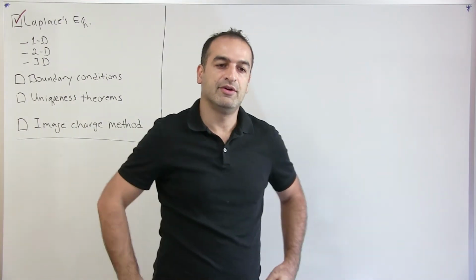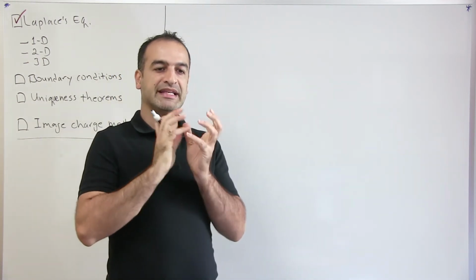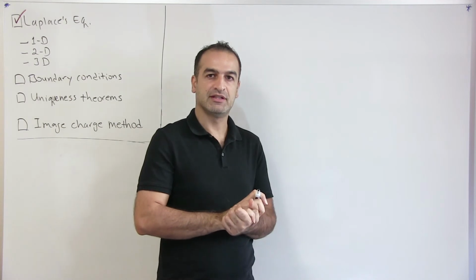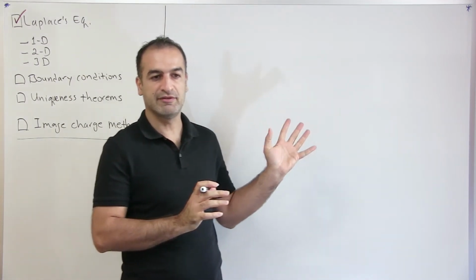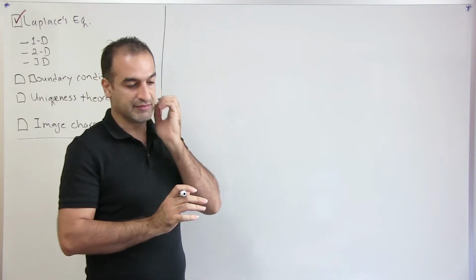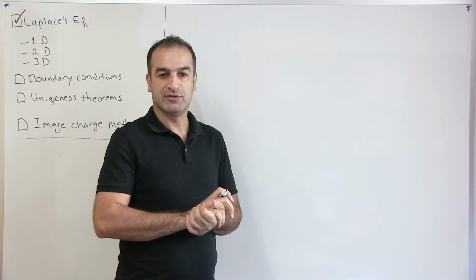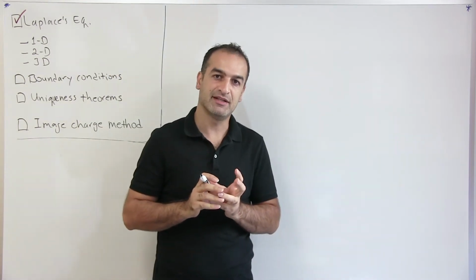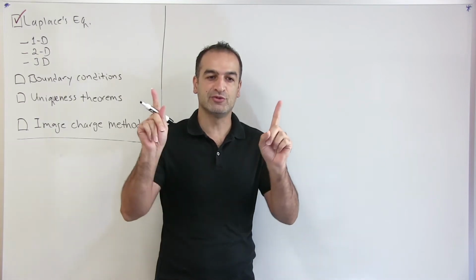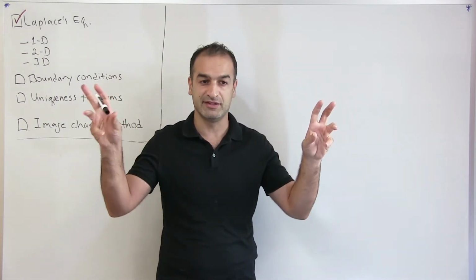I mentioned a few times the uniqueness of the solution of Laplace's equation. What I want to do now is prove that there's only one solution to Laplace's equation. The way I want to prove that is this: I'm first going to suppose there are two solutions, let's say V1 and V2.